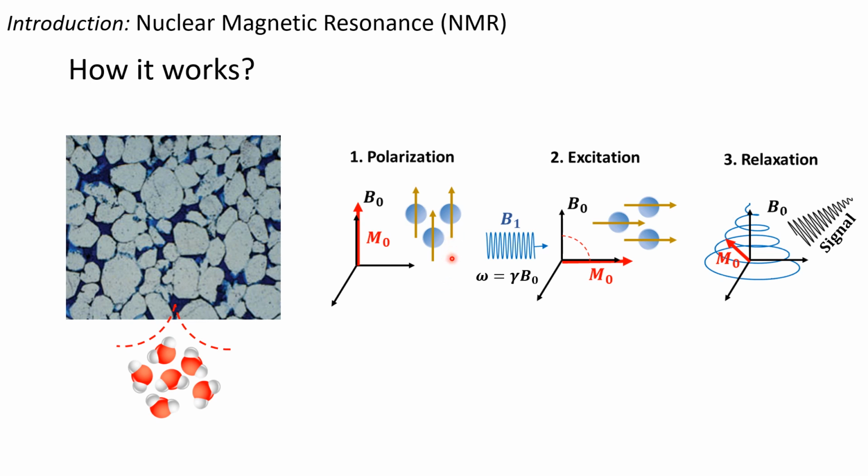The second thing that needs to happen is that we need to excite these hydrogens from their equilibrium, and that excitation should be done at the frequency which directly corresponds to the strength of the magnetic field, the Larmor frequency. You can see this equation here.